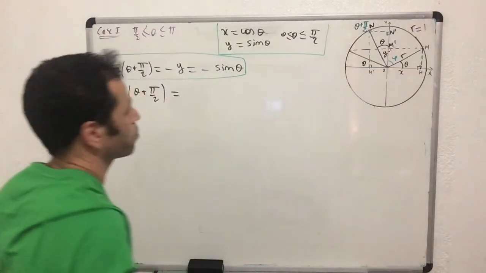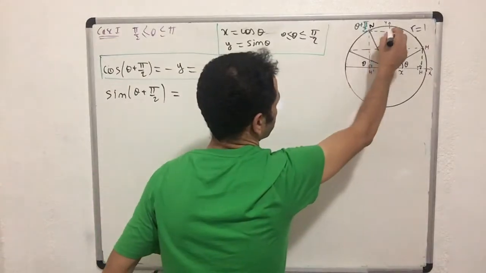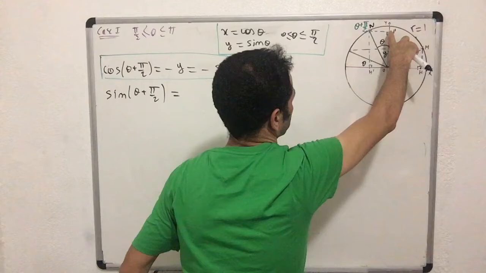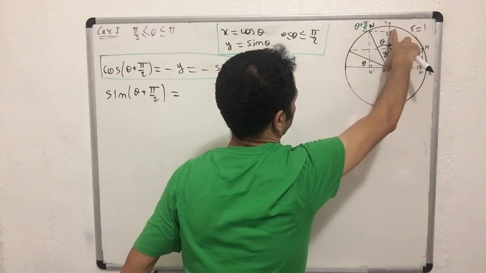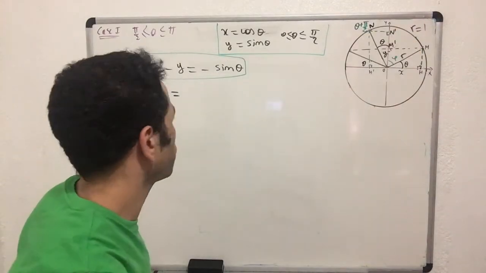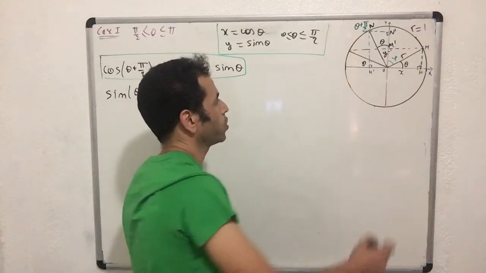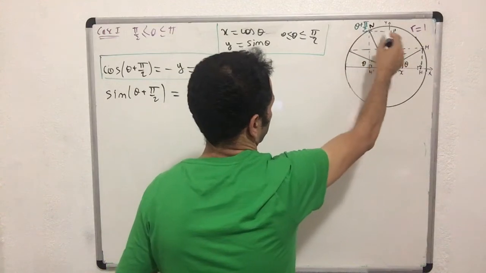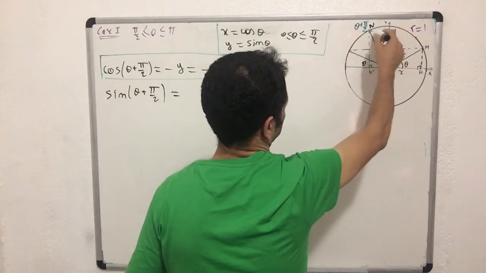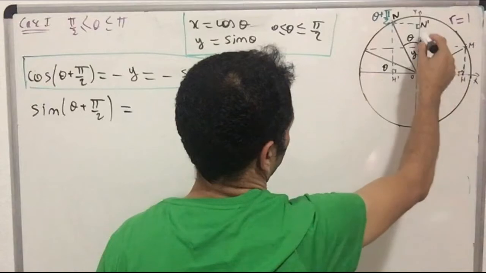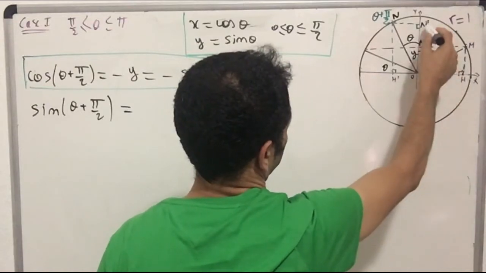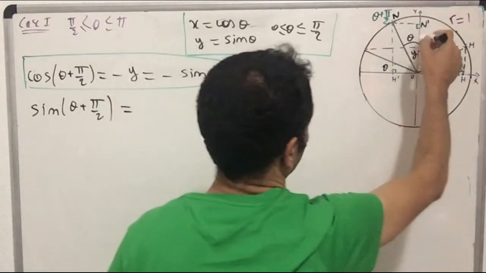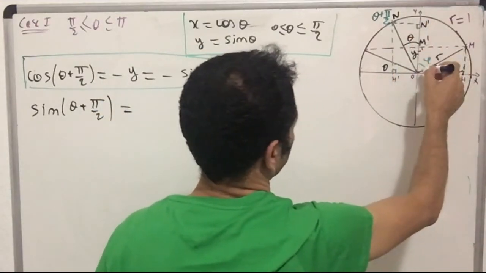So sine of theta plus pi over 2 at this point, by doing the projection on the vertical axis, you will see n prime. I'm looking for this distance n prime, which represents sine at this point. So sine of theta plus pi over 2 is n prime.